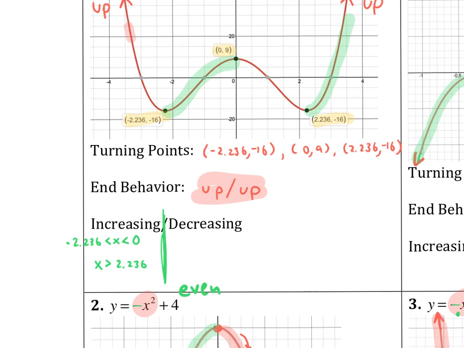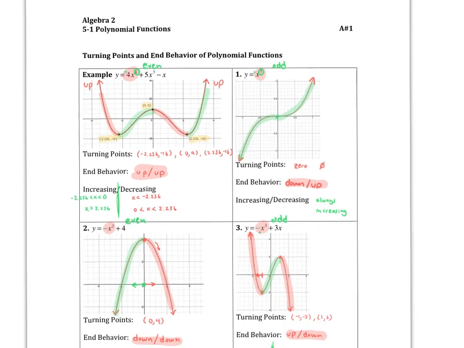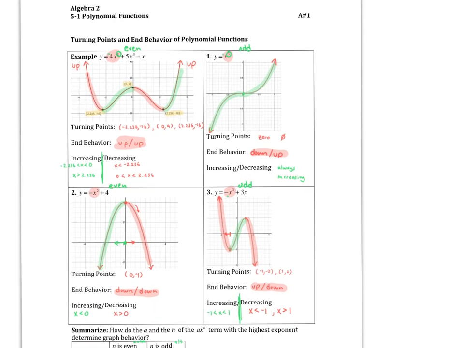All right, what about decreasing? It decreases here when x is less than -2.236. And it also decreases in this region right here, when x is between 0 and 2.236. And there we go. Those are all the components we're considering here.